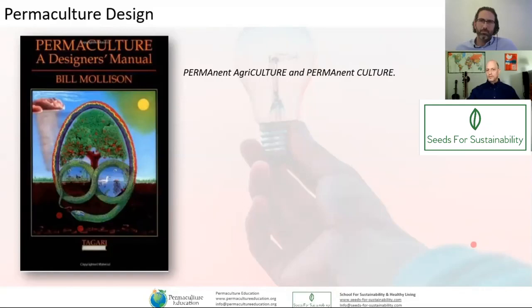It was started in the 70s by Bill Mollison and David Holmgren. And permaculture is basically what they call a portmanteau, which is when you push two terms together and make it into one term. So we're talking about the original idea of permanent agriculture and permanent culture.